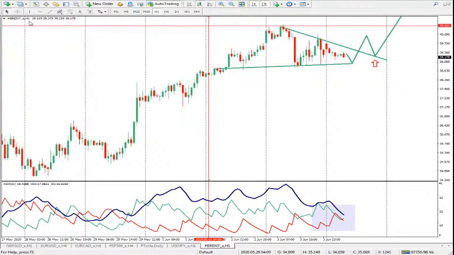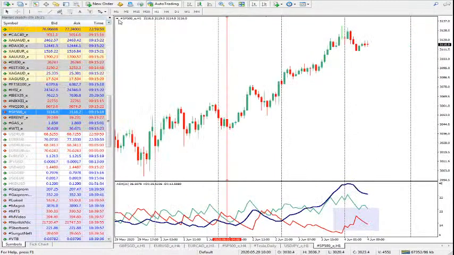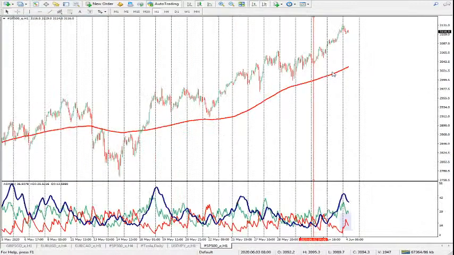So the next chart we'll look at is SP500. This is actively upwards, and I'm going to add the 200 simple moving average. This is the 200 simple moving average. You can see that overall the price is still upwards. That upward position is supported by the ADX indicator, which is also upwards.